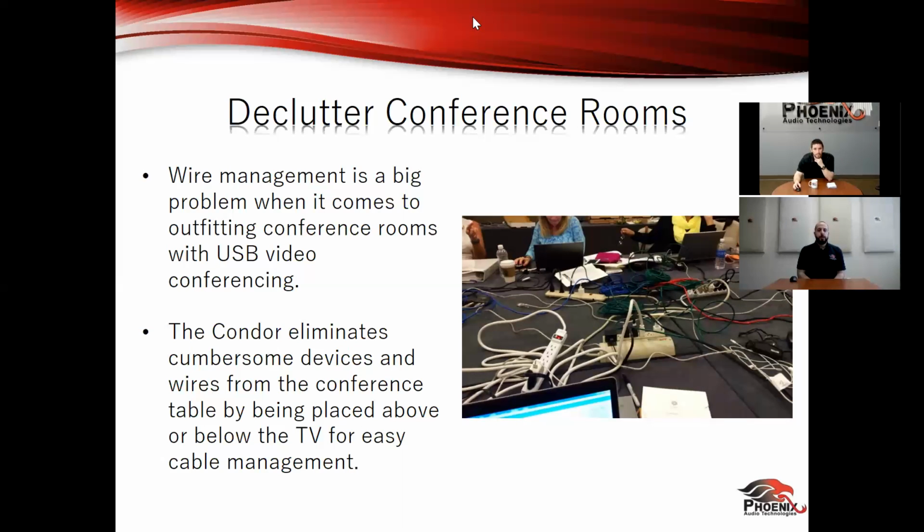Something that's really cool about the Condor is that when designing the product, we took into consideration not only somebody sitting up close at the front of a table, but actually right up front in front of the device, something like an interactive whiteboard. So if you have somebody presenting over there, we wanted to be able to pick them up more or less like somebody who's standing 20, 25 feet away. To achieve that, the product has multiple beams that are designed to cover all the different areas throughout a conference room.